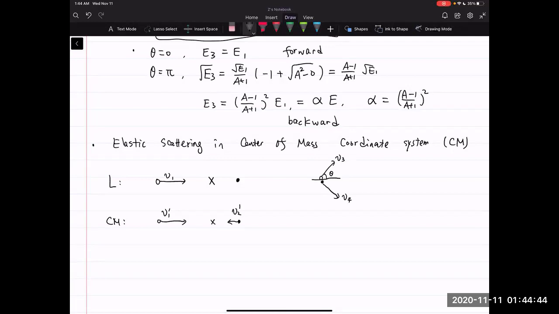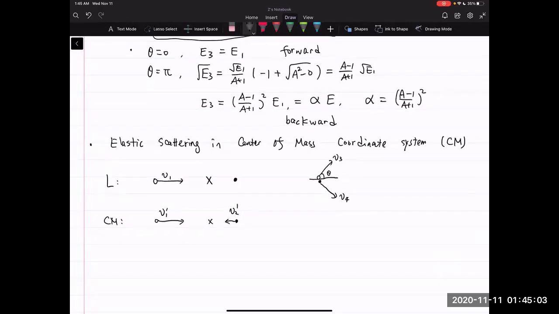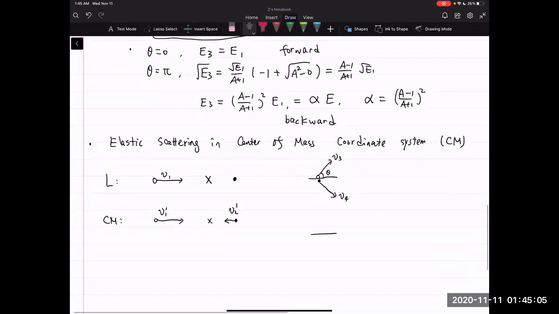If you can still remember from your first year college physics, classical mechanics, in the center of mass coordinate the total momentum is conserved, so the scattered particles are going in exactly opposite directions.